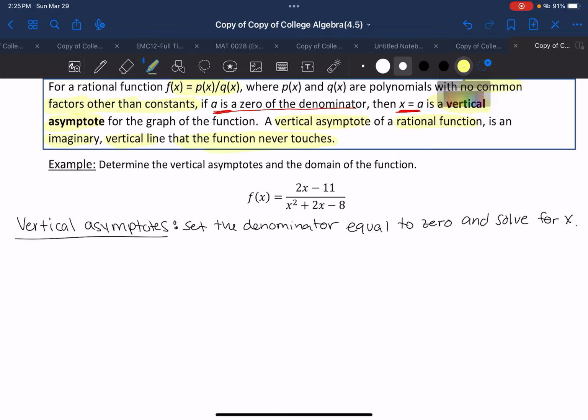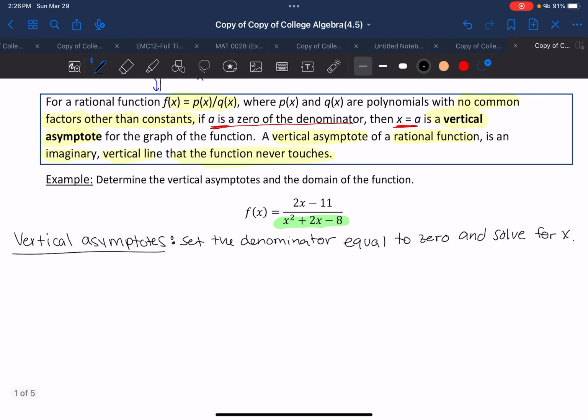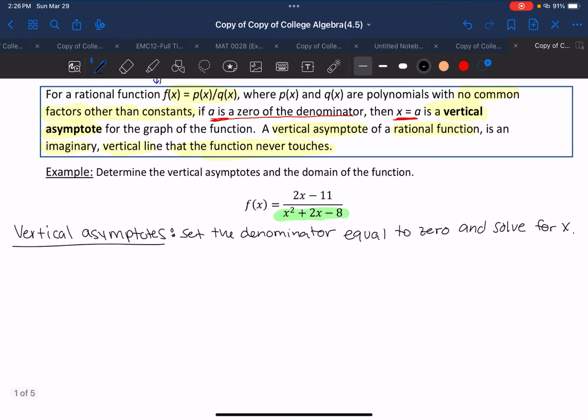So in this case, the denominator is x squared plus 2x minus 8. Now, I should have said, before we do this, we need to make sure that there are no common factors. So really, I'm going to put a note here.